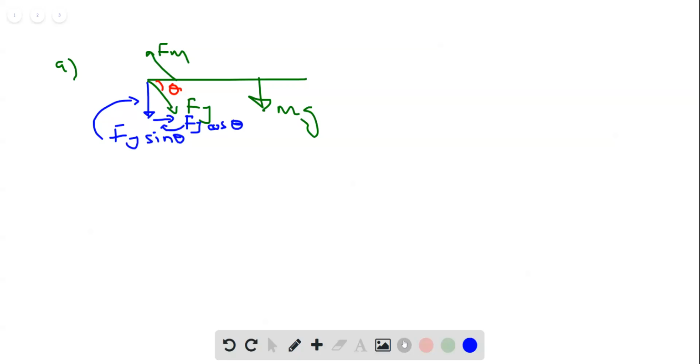We repeat the same process for Fm. So Fm has a vertical component, Fm sine of 15, and a horizontal component, Fm cosine of 15.